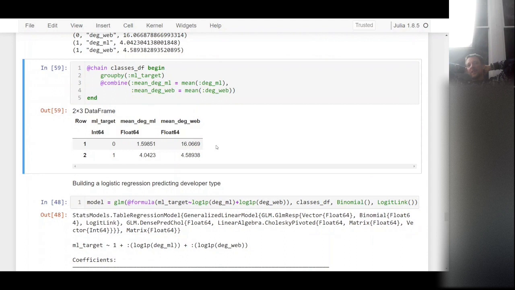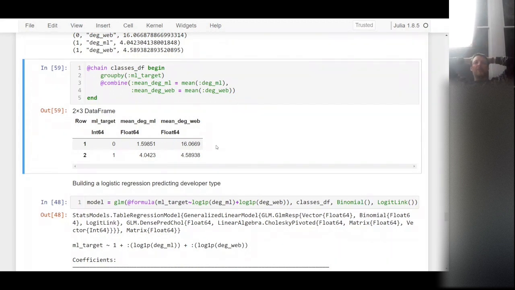So what is logistic regression? Logistic regression is almost identical to the regression you saw yesterday. That was a linear regression, but this time it is a regression whose target variable is binary.